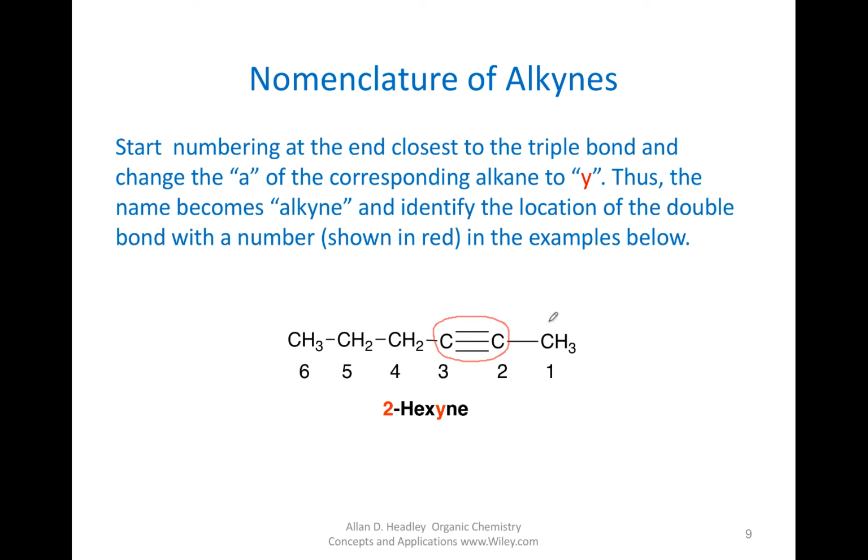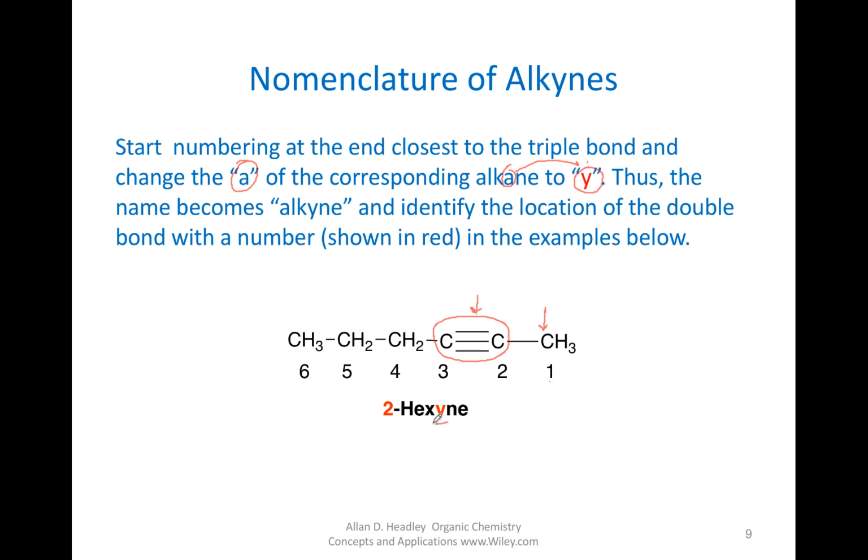We start numbering at the end closest to the triple bond. So we start here. So 1, 2, 3, 4, 5, and 6. We know that would have been hexane if we are comparing it to just basically the number of carbons. But here's the trick. We change the A of the alkane to Y. So in other words, we're going to change this A here to Y.